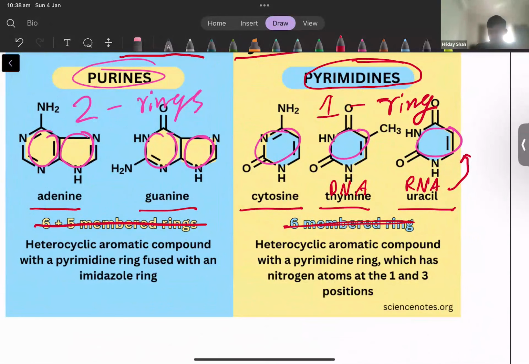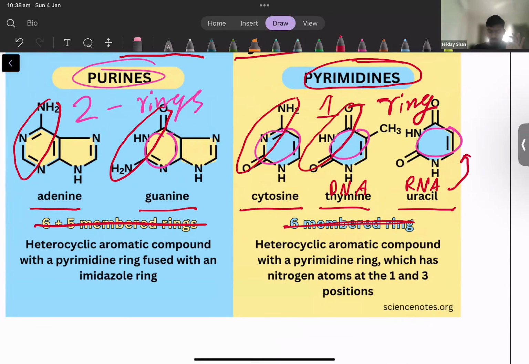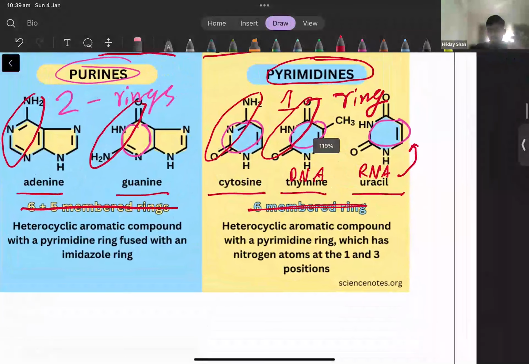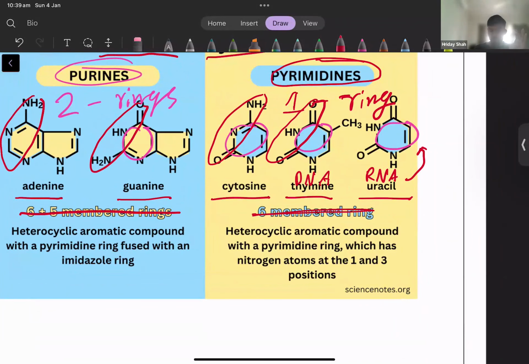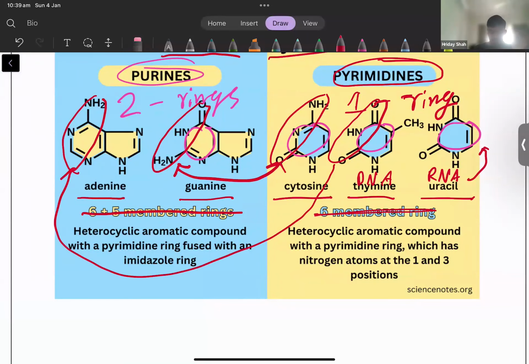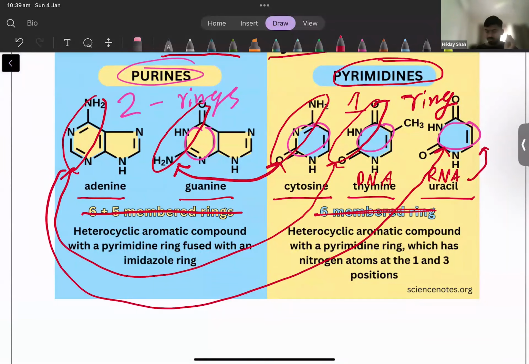Now, there's a little bit of chemistry here, so I'm not going to go into too much depth. But if you look at the differences in structure for guanine and adenine, and compare them to cytosine and thymine, guanine is only able to bind to cytosine because of those chemical bonds, and adenine is only able to bind to thymine or to uracil.